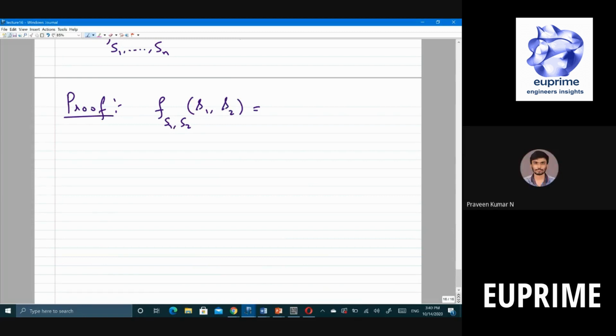Multiplication of marginal PDFs? Yes, but not directly. What do you think this thing depends on? S1, S2 are not IIDs, right? They are not IIDs. So what do you do?